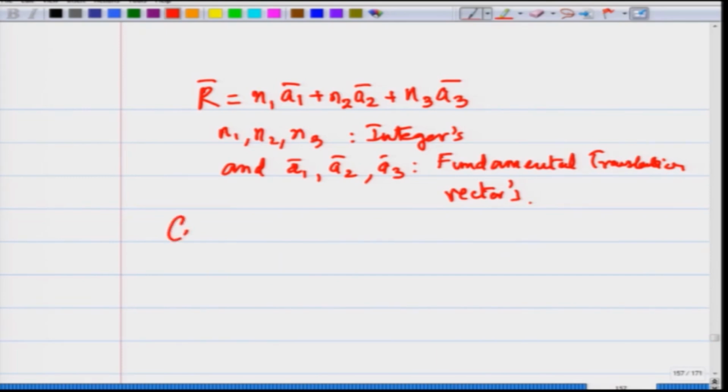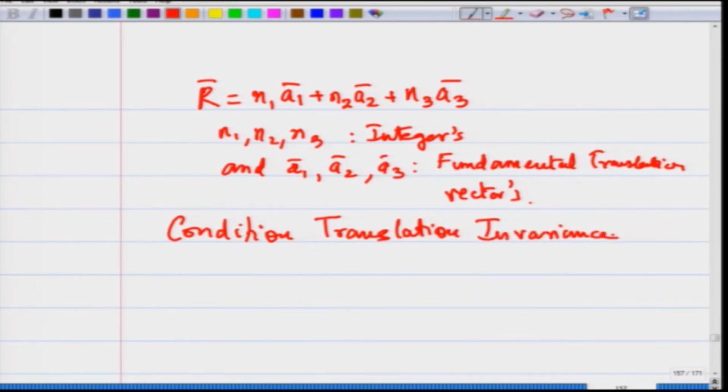So, your condition for translation invariance, which is an essential requirement to get a Bravais lattice to describe a crystal structure, requires that the density at point R in the crystal should be equal to the density at point R plus capital R.